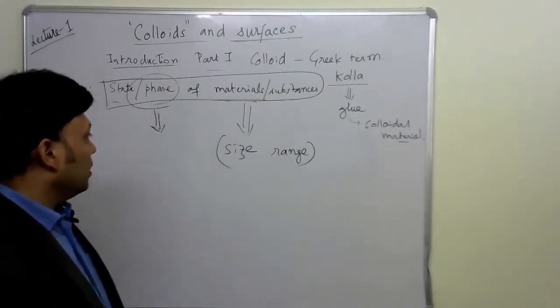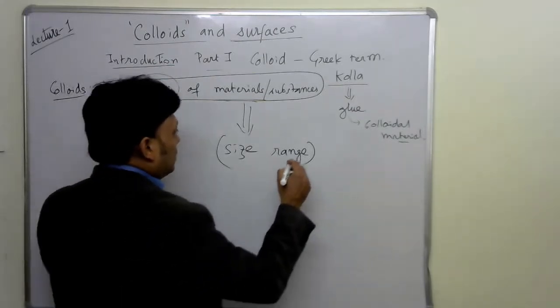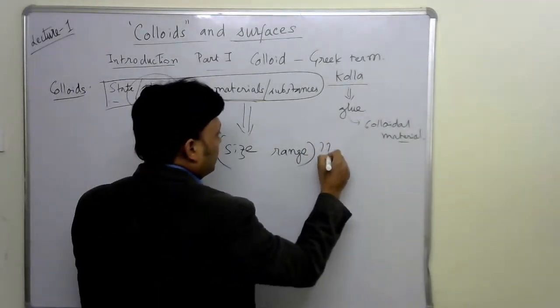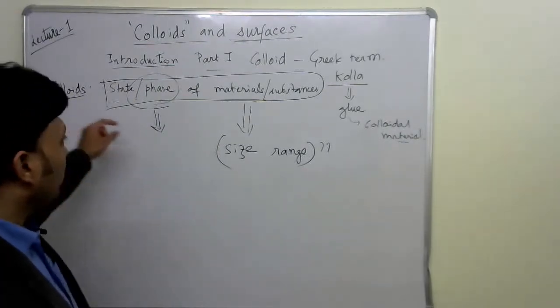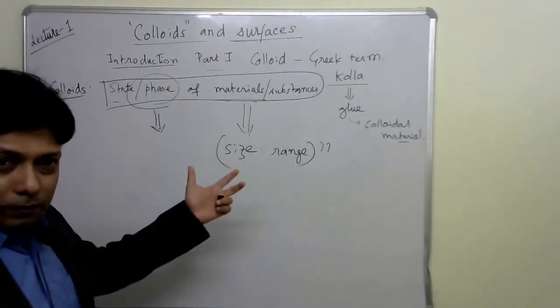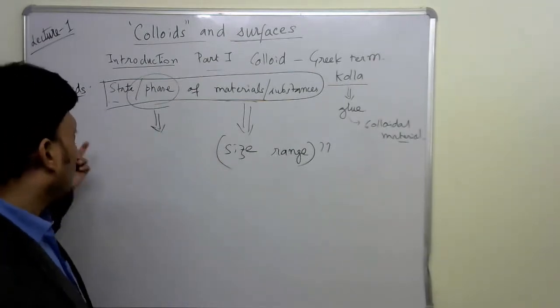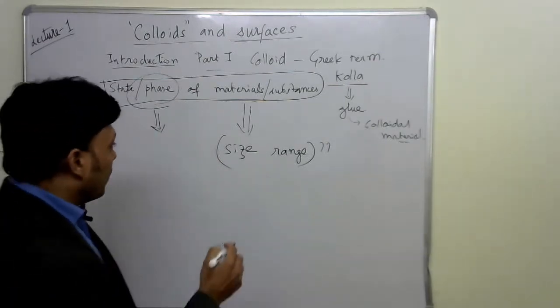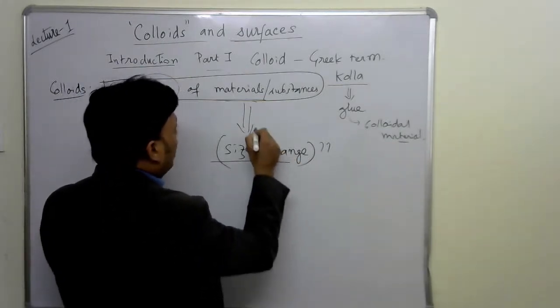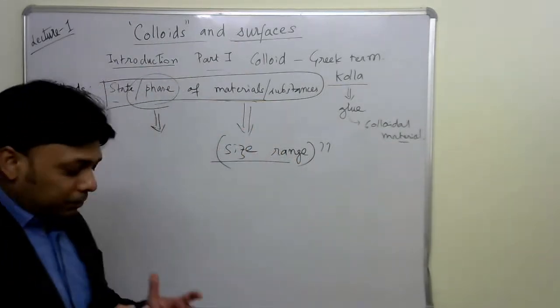So the question is, what kind of size range can we talk about when we relate to colloidal materials, colloidal phase, colloidal state or colloidal system? It is very important to know the size range of these materials and substances.